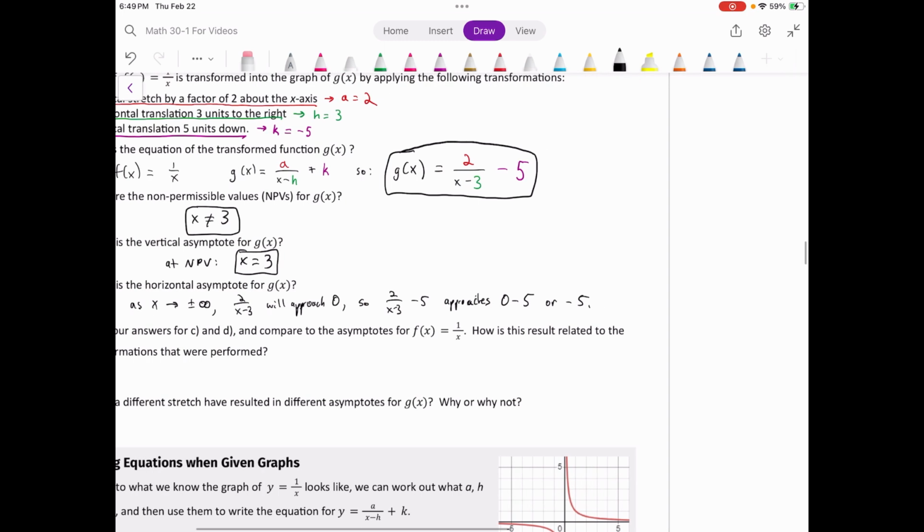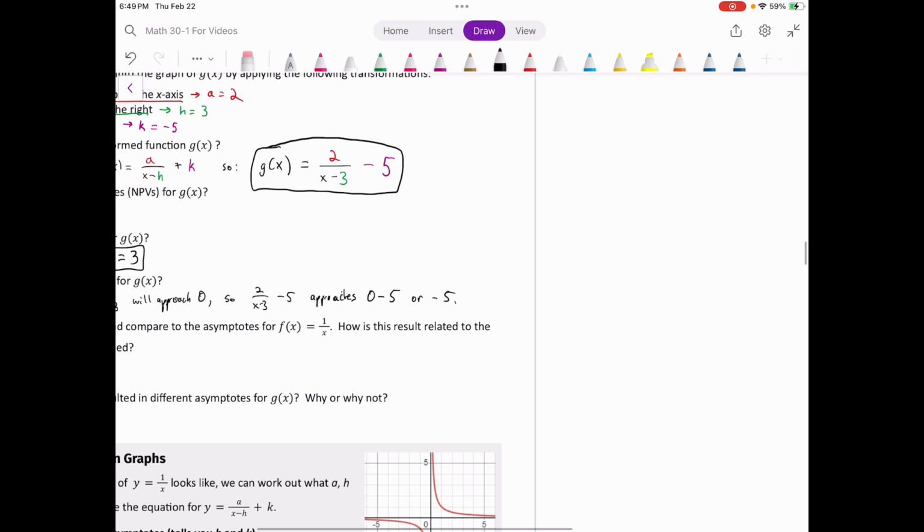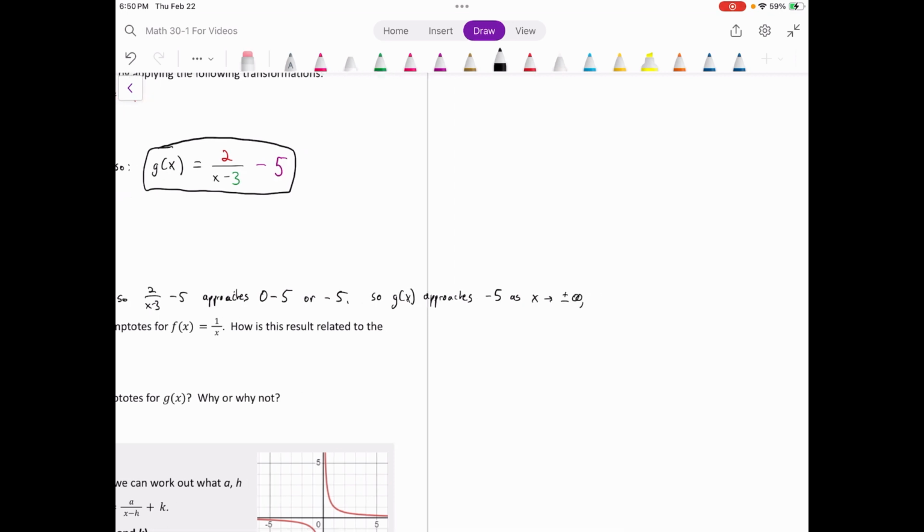So y is going to be approaching negative 5 as x goes off to infinity or negative infinity. Okay, so g of x approaches negative 5 as x goes to positive or negative infinity. Therefore, where's our horizontal asymptote? It's at y equals negative 5.